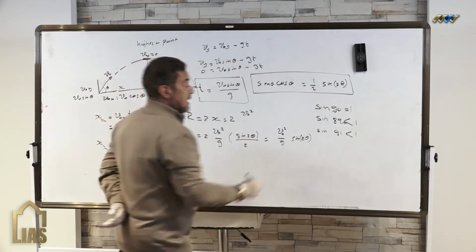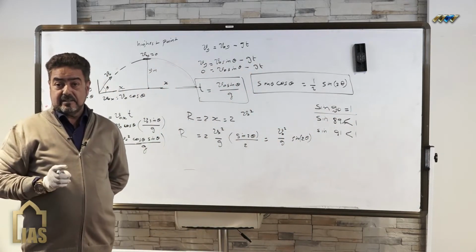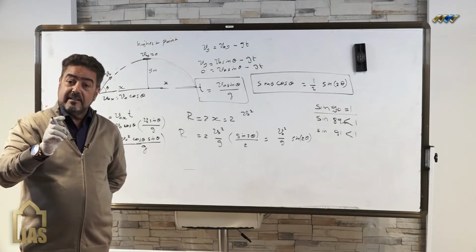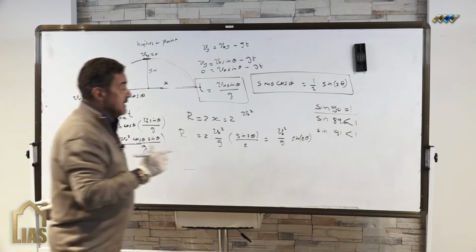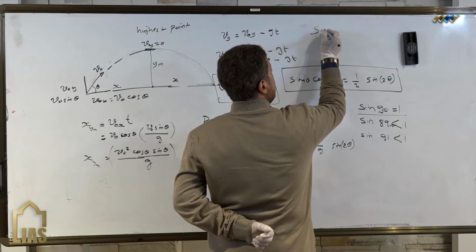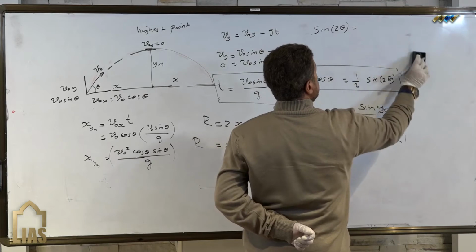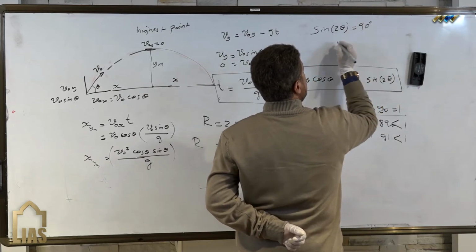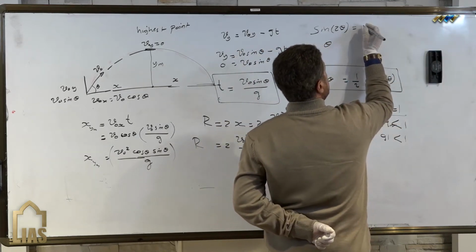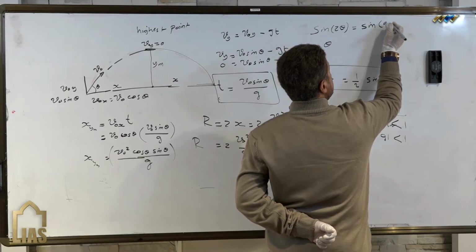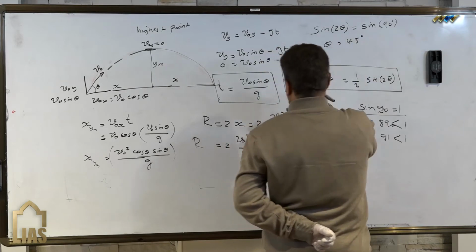We get the maximum range of a projectile when sine 2 theta is 90 degrees, so sine 2 theta is equal to sine 90 degrees, then theta is equal to 45 degrees.